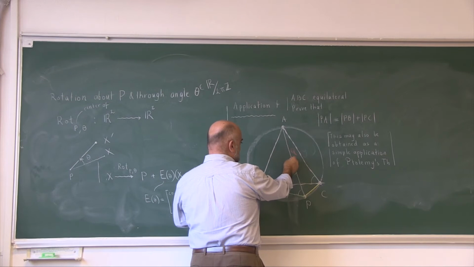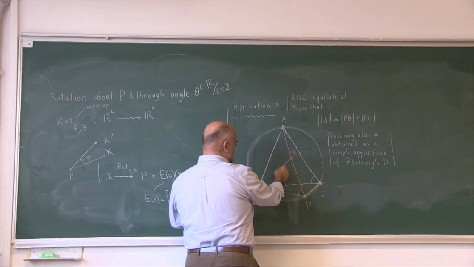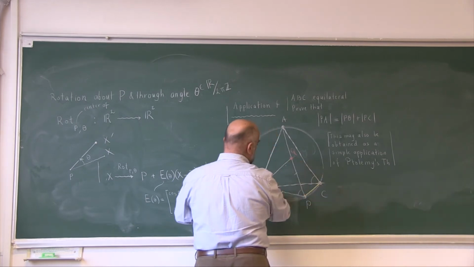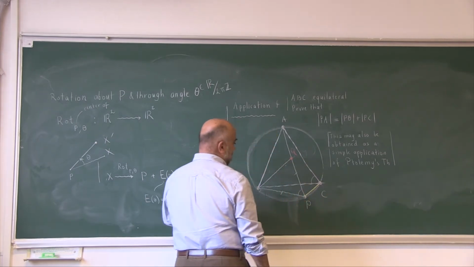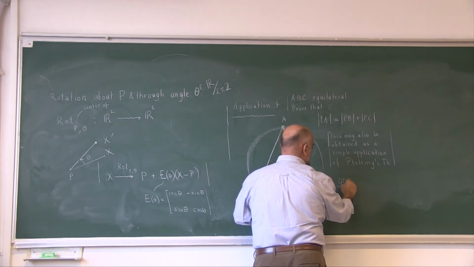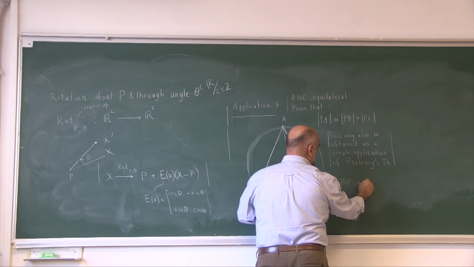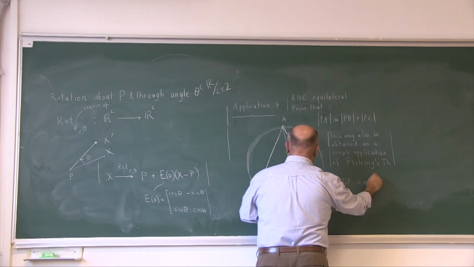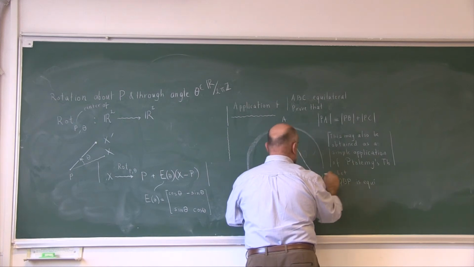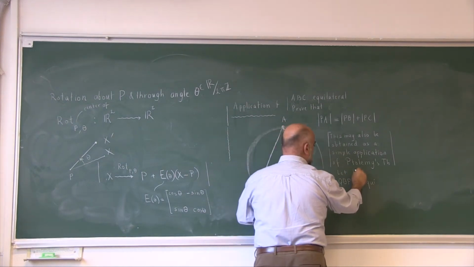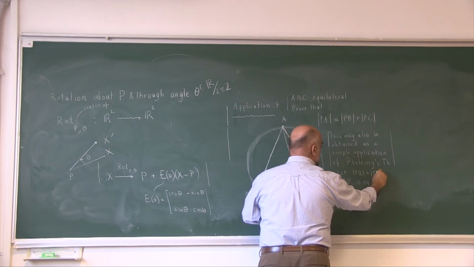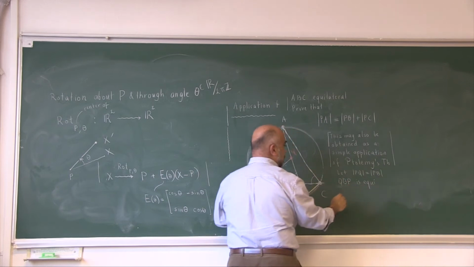It means that if you join QB, then QBP must be equilateral. So let PQ be the same as PB. Then it follows that QBP is equilateral.